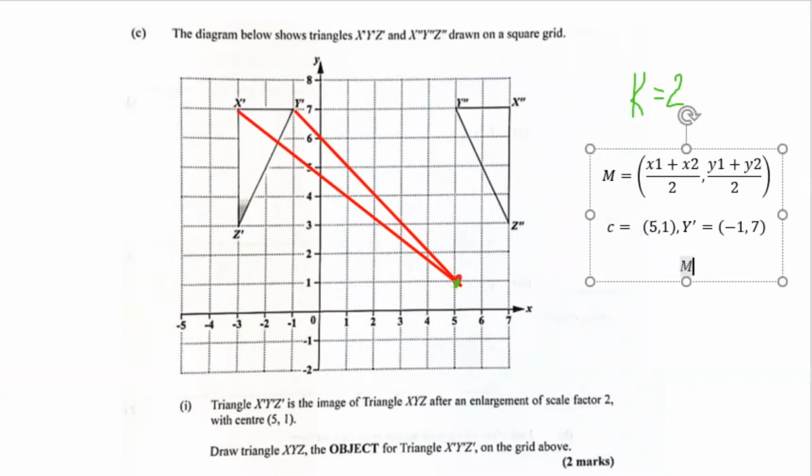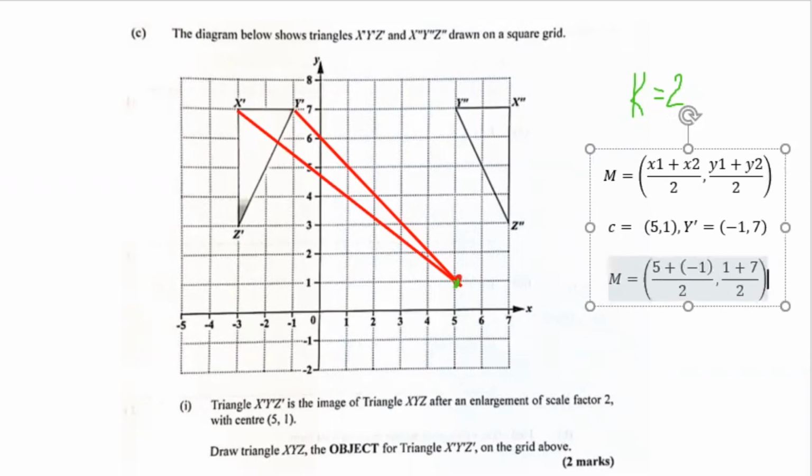So therefore our midpoint is equal to, our x1 would be 5 plus x2 would be -1, and that is divided by 2. And from our y coordinates, we have y1 would be 1 plus y2 would be 7, and that is divided by 2.